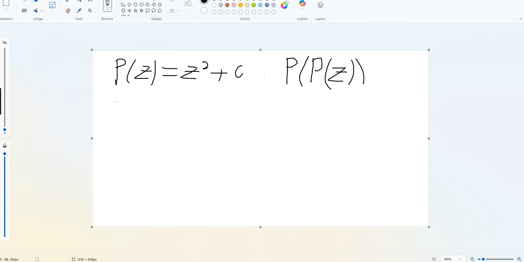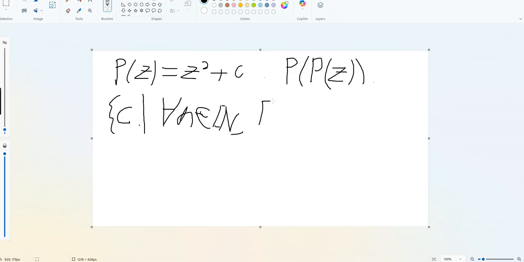Now, specifically, the Mandelbrot set is defined as those c such that, for all natural numbers n, p^n of 0 is bounded.